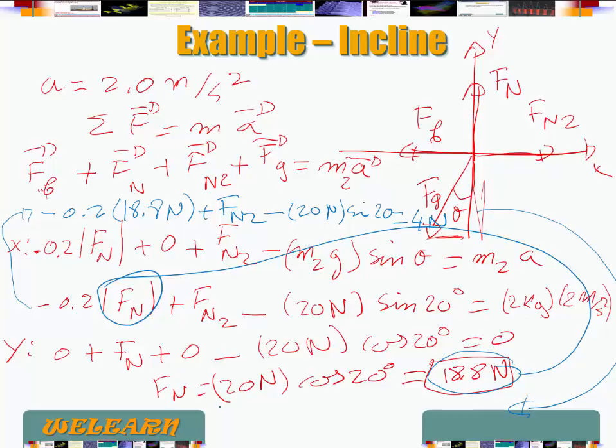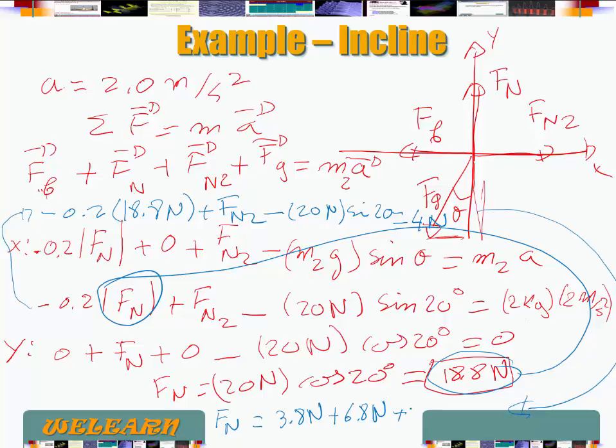Sorry for the space here. So my Fn2 is going to be equal to the 0.2 times 18.8 newtons. That gives about 3.8 newtons that we move to the other side, becomes positive. And then we have 20 sine of 20, that comes out to about 6.8 newtons, and again it becomes positive since we move it to the other side.